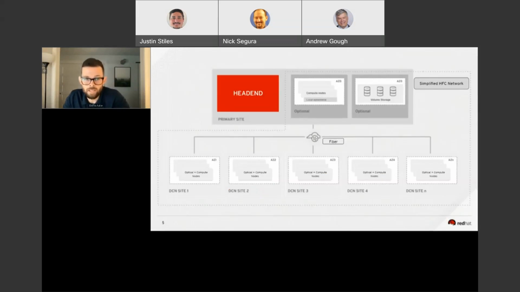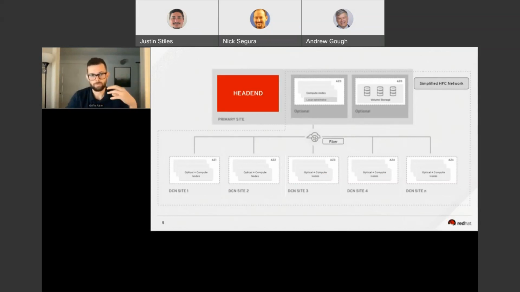This is a very simplified HFC network, and this is work based on a cable operator we engaged with over the past year or two, and we've all seen diagrams like this before. While it looks oversimplified, that's kind of the point. We wanted to get to a state where things started to look really cookie cutter and repeatable.